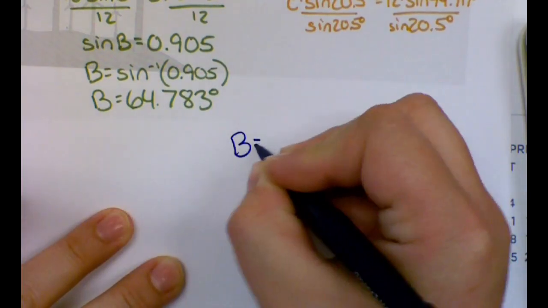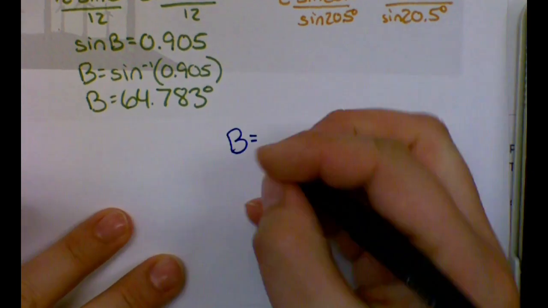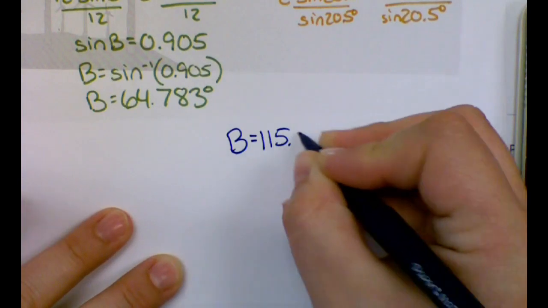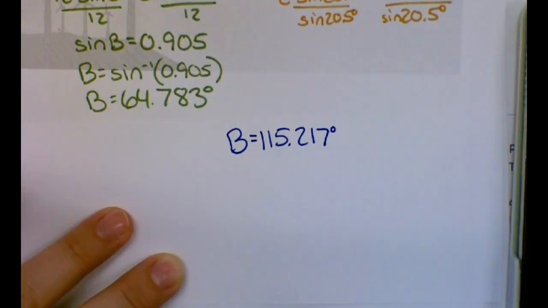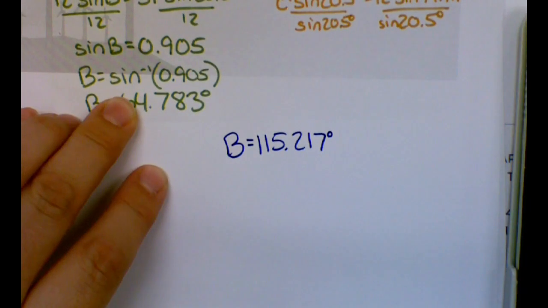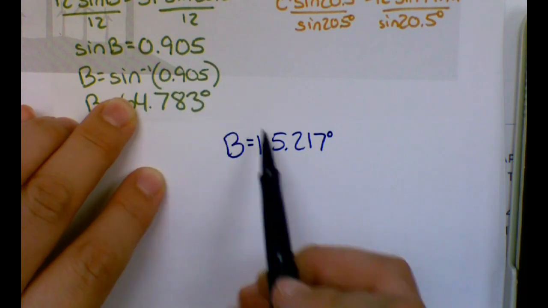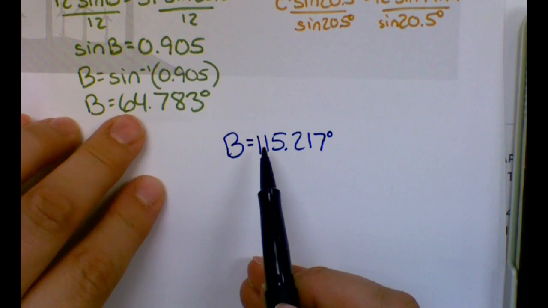But what if I told you that angle B was actually 115.217 degrees? The sine of that number is about 0.905. So B could have been either of these angles.